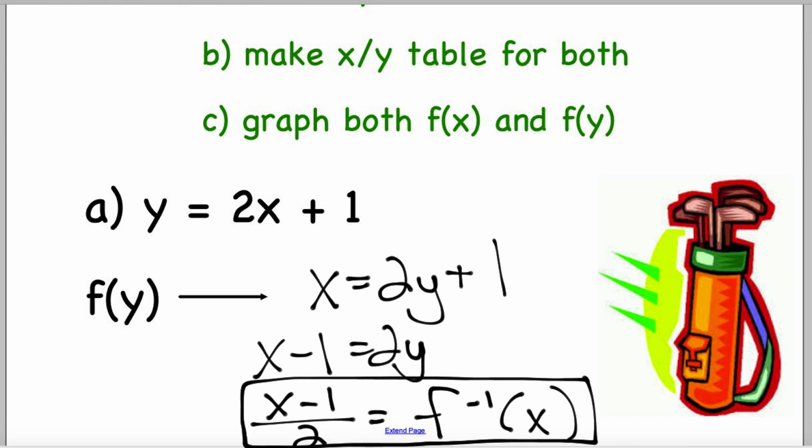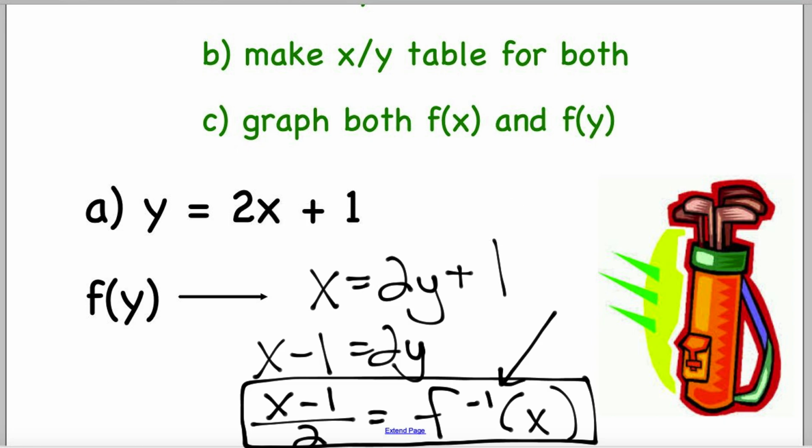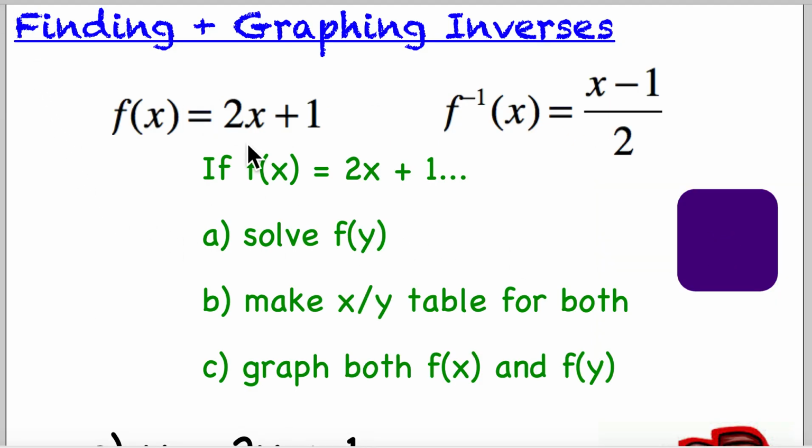The reason I want to replace y with that is to denote that we are now talking about our function's inverse. That is an important step. You do want to get rid of the y and replace it with f inverse of x. But that's it. So these two things, 2x plus 1 and x minus 1 over 2, are inverses of each other.